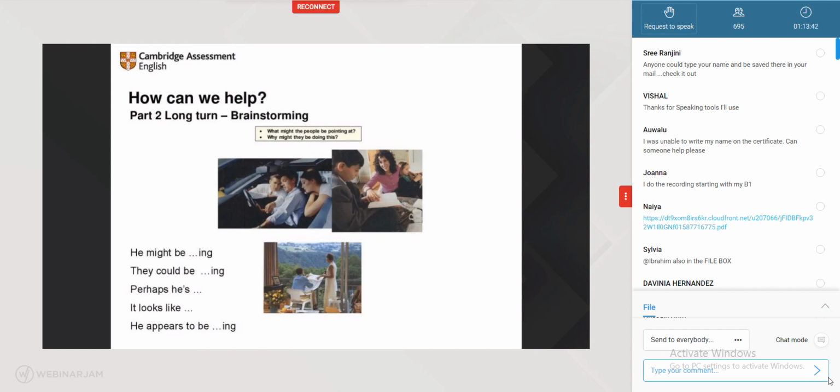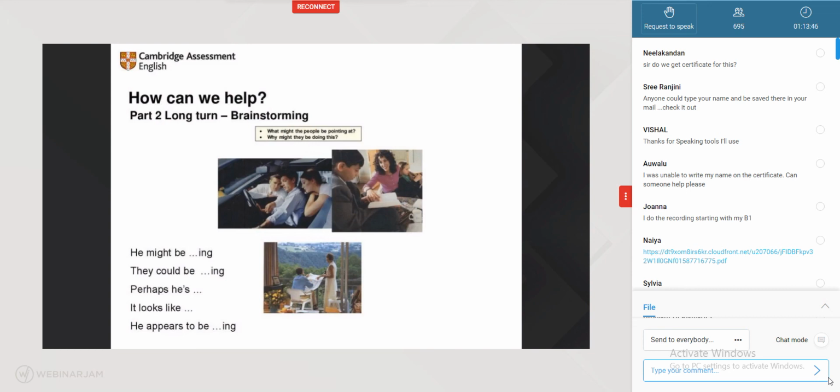Get them to practice talking for a long time, or for an extended period. So trying to get the most out of the pictures, and also be able to organize their thoughts and ideas, compare, speculate. So how can we do this? Try to elicit ideas, vocabulary and other useful language so that they are ready for that.